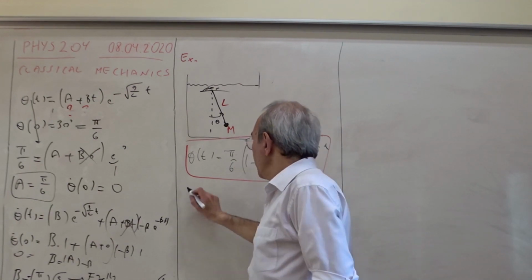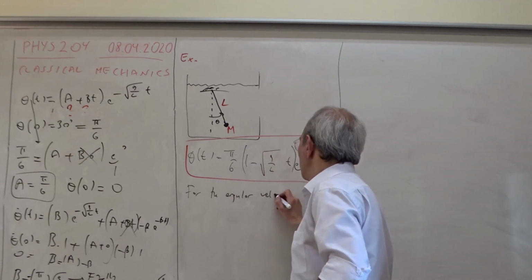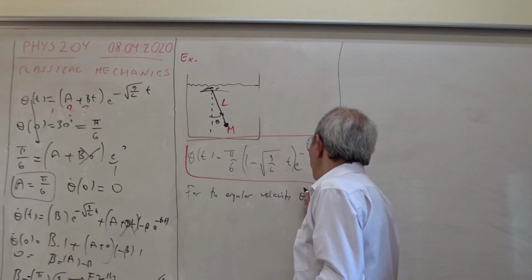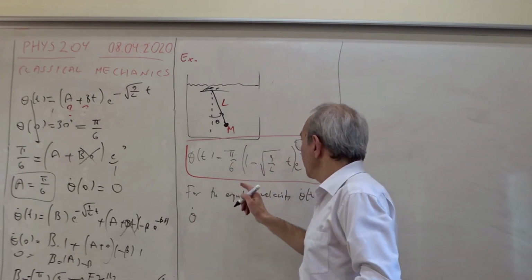For the velocity, for the angular velocity, theta dot of t, we will take the derivative.